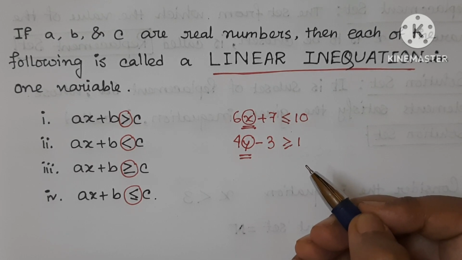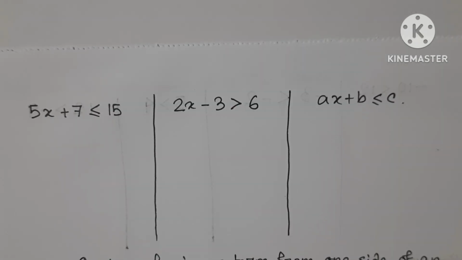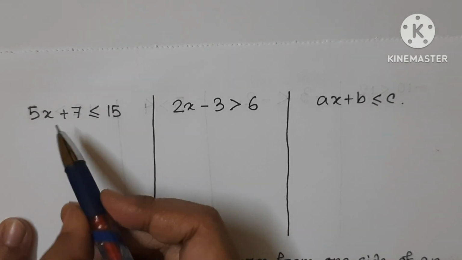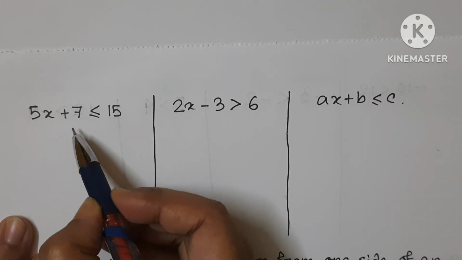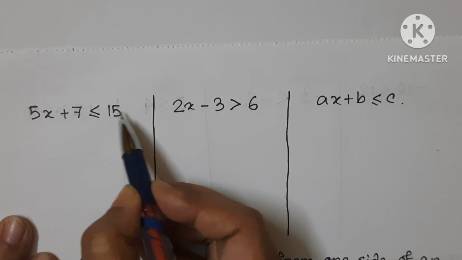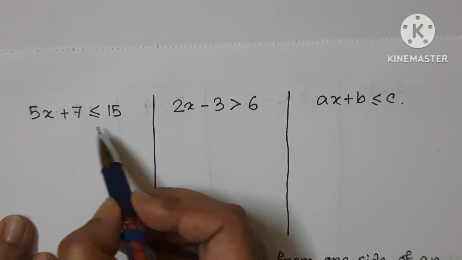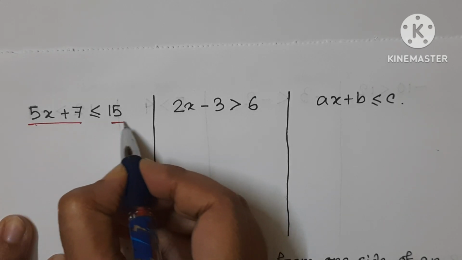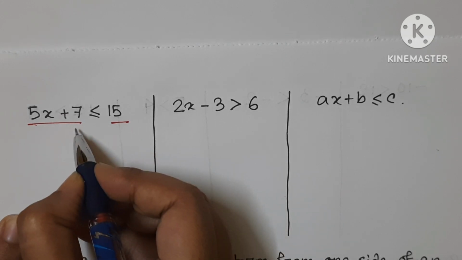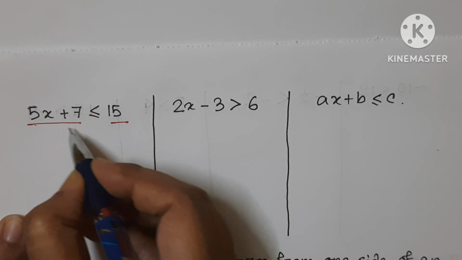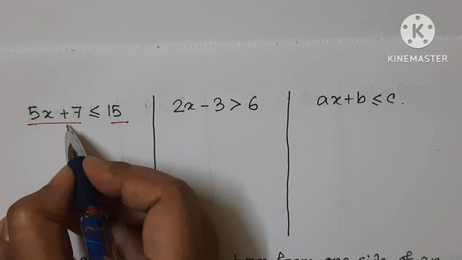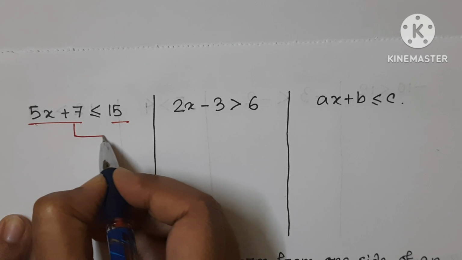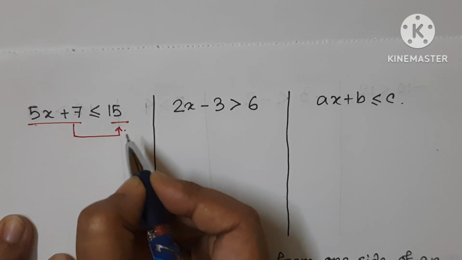Now see the first example, 5x plus 7 is less than or equal to 15. There are two sides, this is the left hand side and that is the right hand side, right? Now if I want to transfer one member from the left side to the right hand side, what will happen?